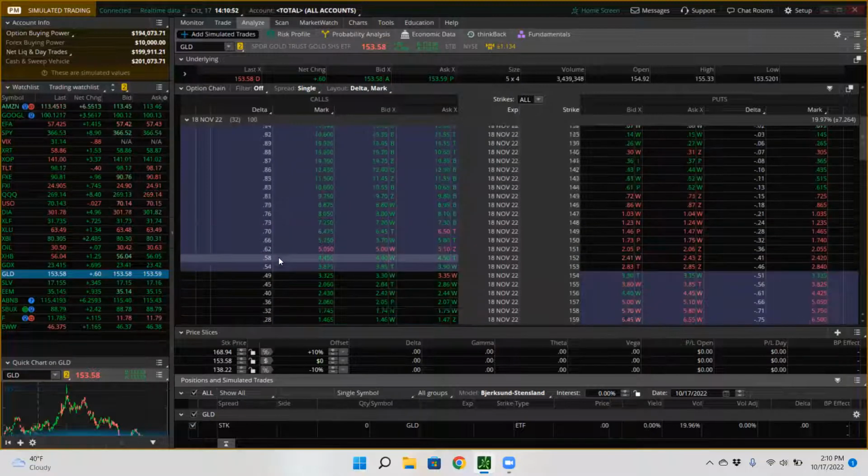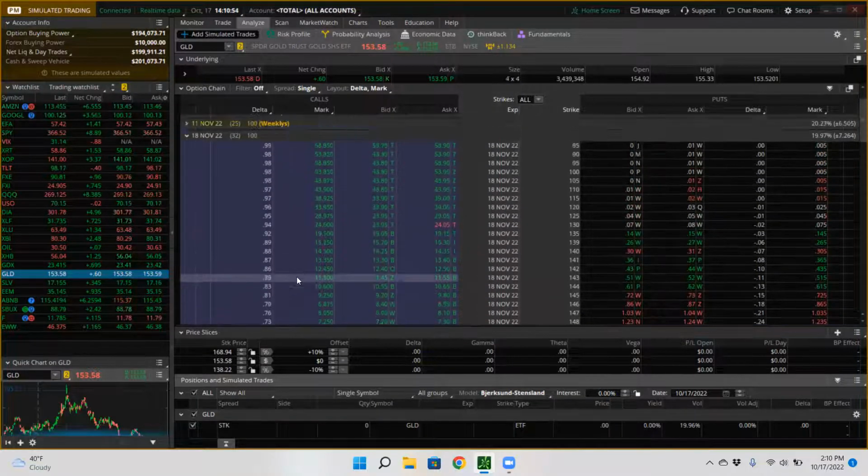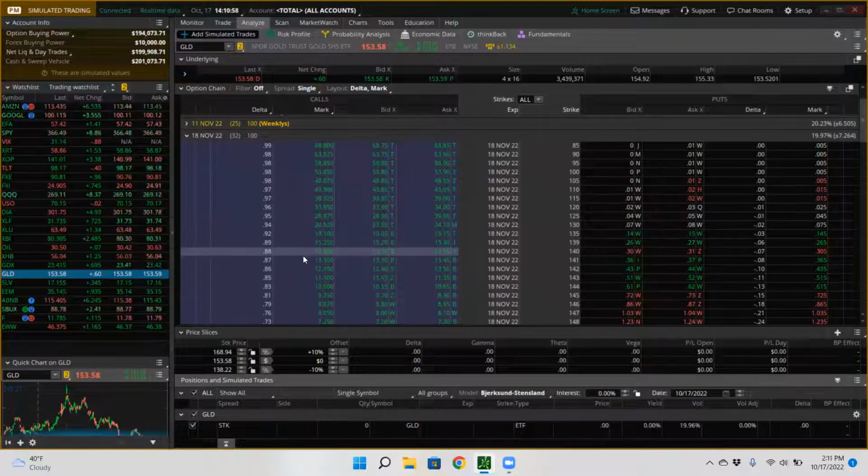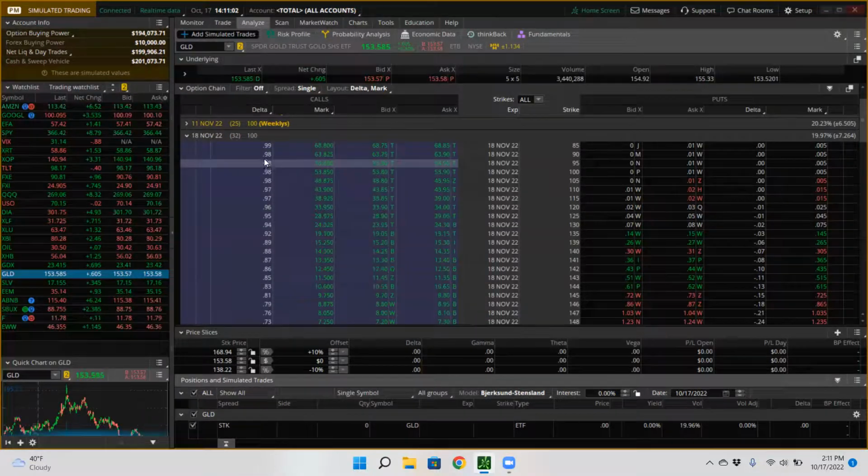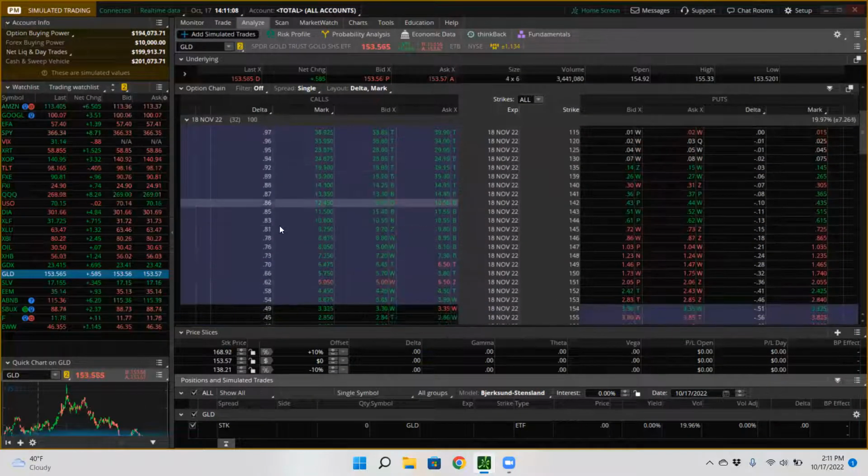And so you can see that as we look deeper in the money, there's a higher probability that it's going to end in this, right? So we go all the way up to that 100% chance that it's going to be there on this side.